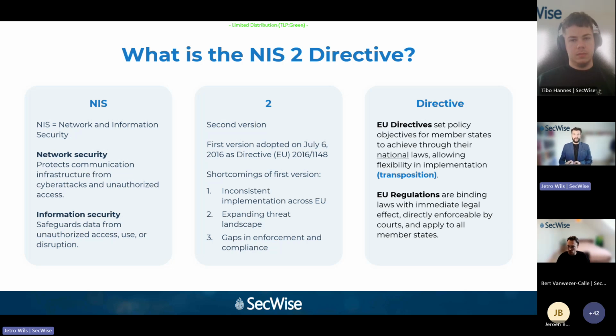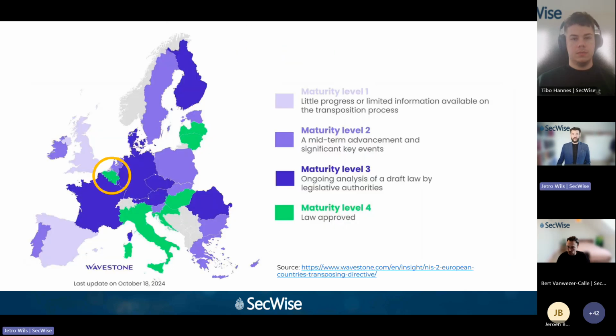GDPR is a regulation. You just have to say, we copy it and that's it. Well, with NIS, it's a directive. There is some transposition or some flexibility there. Now, if you take a look at Europe, and this is the last dashboard I found from October last year, you can see that there are, let's say, 4 levels of maturity in adopting NIS2 on a national level.